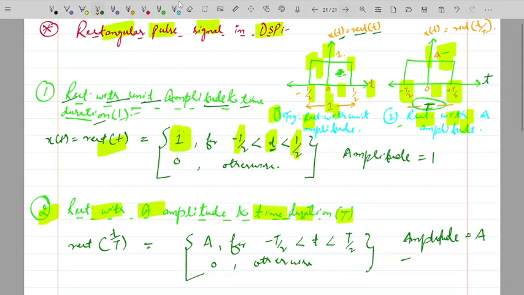So next, with the help of these mathematical expressions, the capital T represents the function of time and also the width of this rectangle pulse.